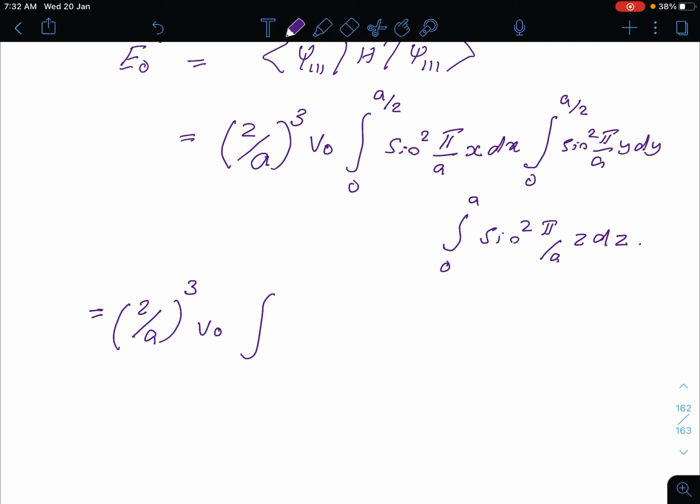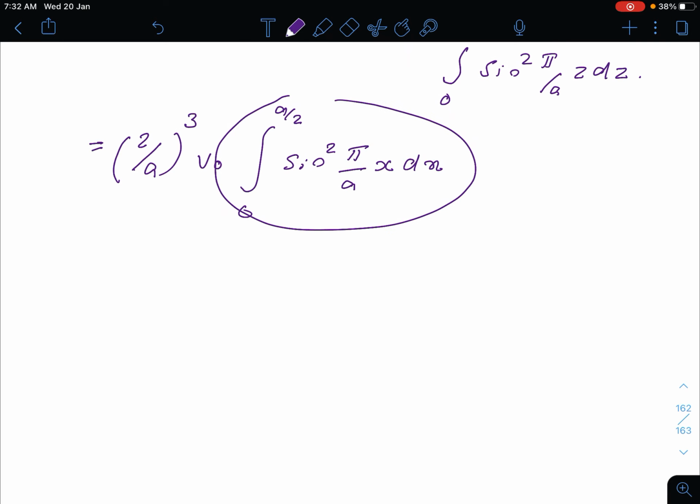So let's do the first integral, 0 to a/2 sine square pi by a x dx. I'll be doing this integral only, since that's the general form, we can do that. I can write this as the integral from 0 to a/2 of half minus half cos 2 pi by a x dx.